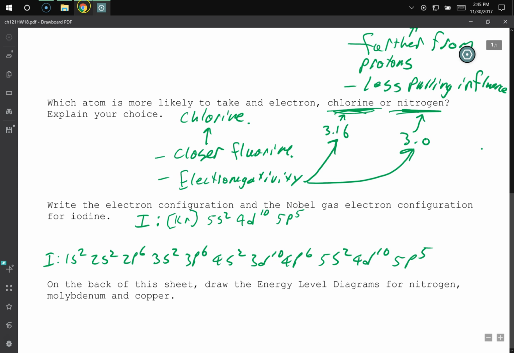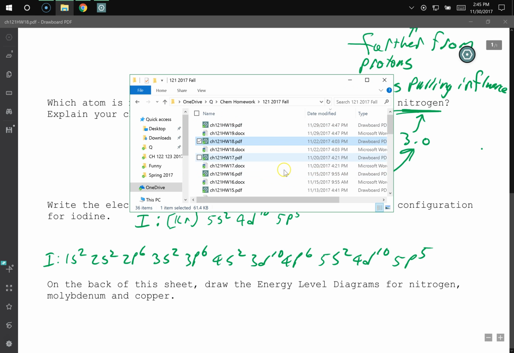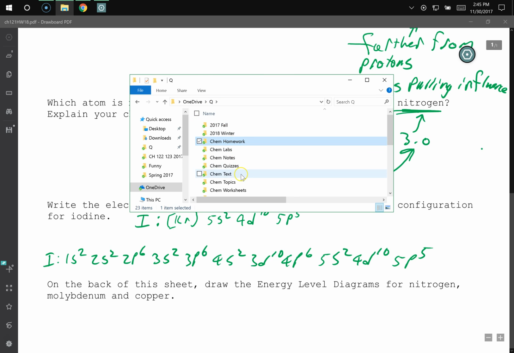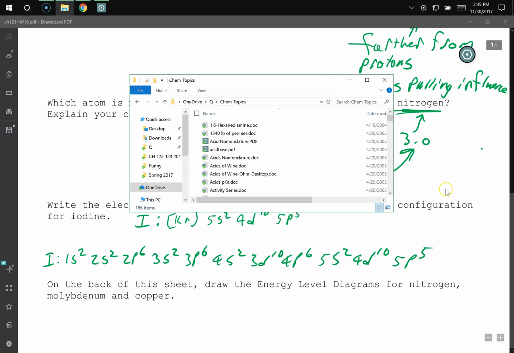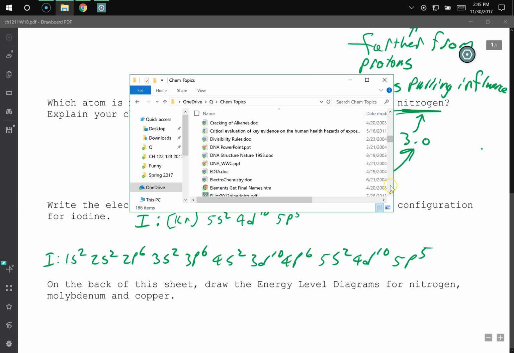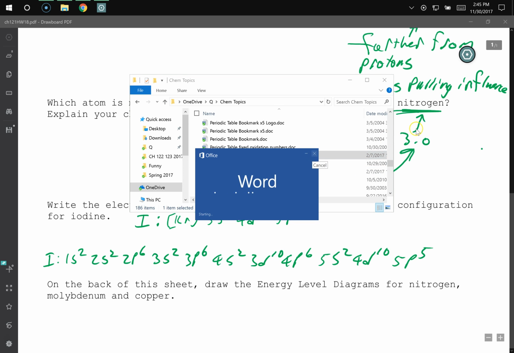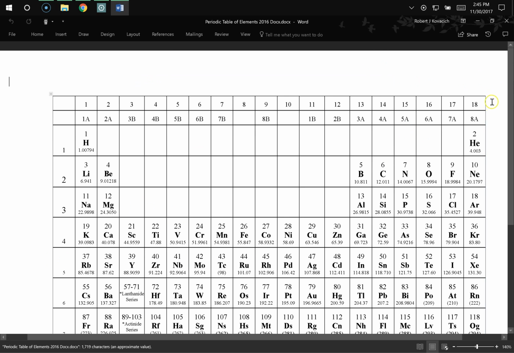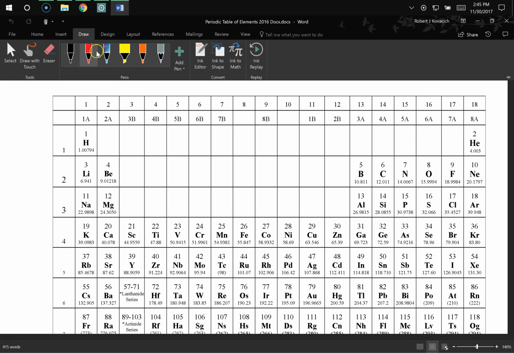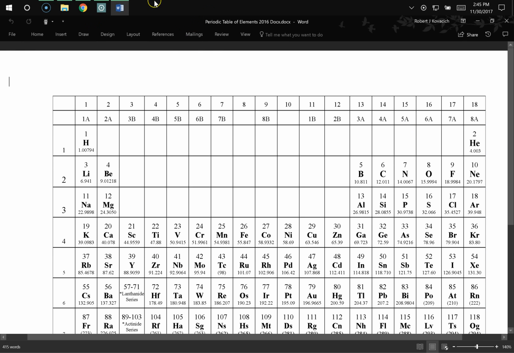What I'm hoping that you do with this is I'm hoping that you see the iodine right here, and then you basically chunk out the periodic table based off of the sublevels.